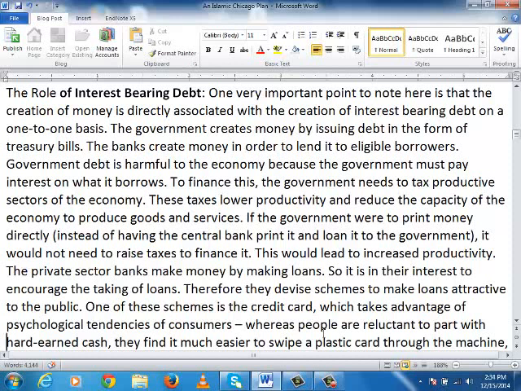So everything, the money creation and debt creation are the same thing. When money is increased, then the amount of interest-bearing debt is increased.